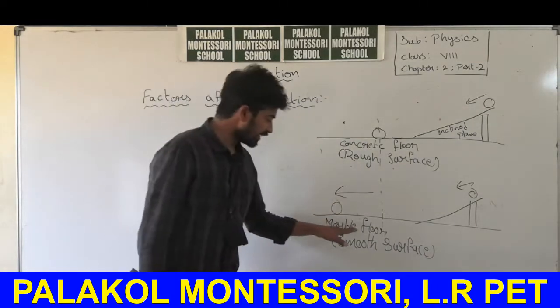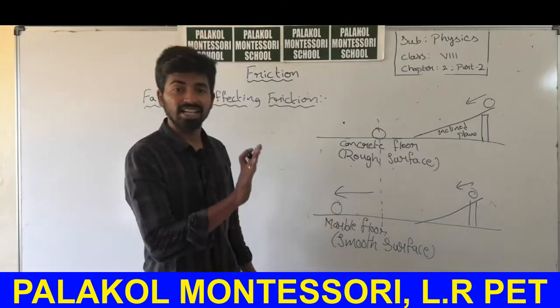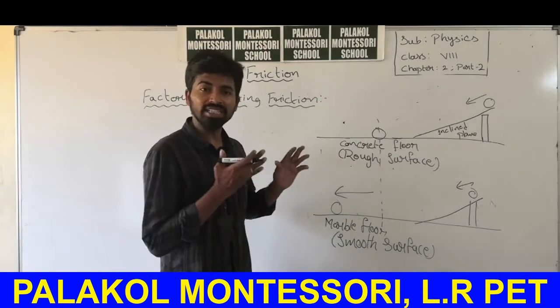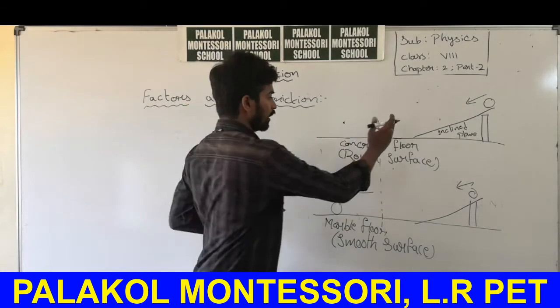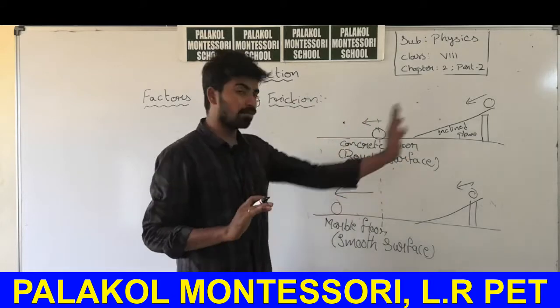Here the ball travels more distance because the smooth surface offers less opposing force. The rough surface offers high opposing force; the ball experiences a high amount of friction.